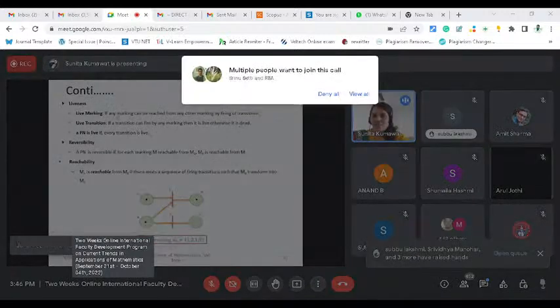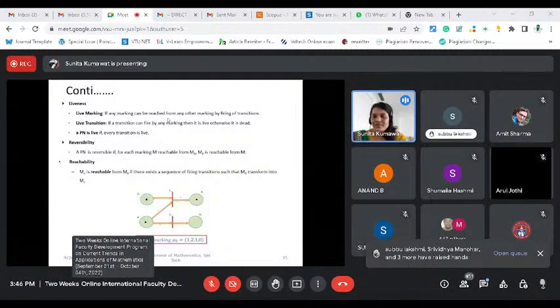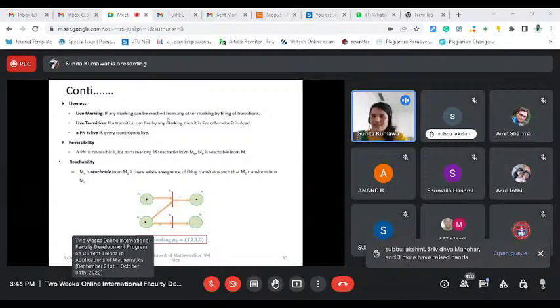Like if mu2 is obtained by firing the transition after 2 stages, starting from mu naught, it means mu2 is live. But if mu2 is not obtained by firing of the transition, it means there is some dead transition, or some processes are not happening, there is some mistake in the system, some deadlocks are there. So in that case the marking is not live.